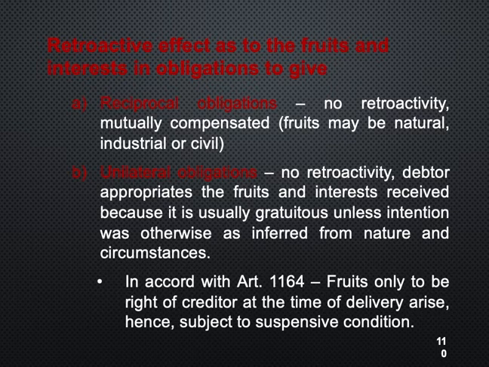While in unilateral obligations, no retroactivity, debtor appropriates the fruits and interest received because it is usually gratuitous unless intention was otherwise as inferred from the nature and circumstances. So in accordance with Article 1164, fruits only to be right of creditor at the time of delivery, hence subject to suspensive condition. Okay?